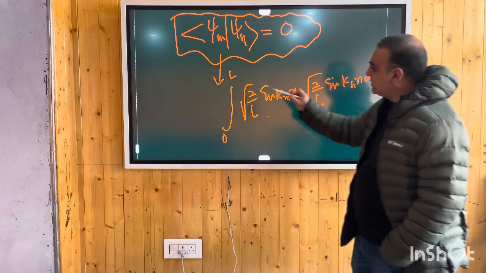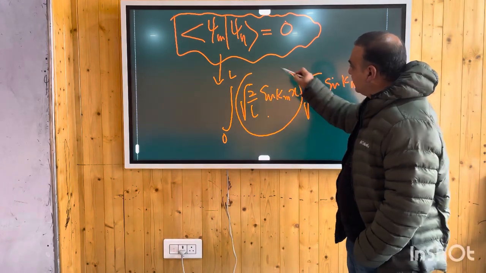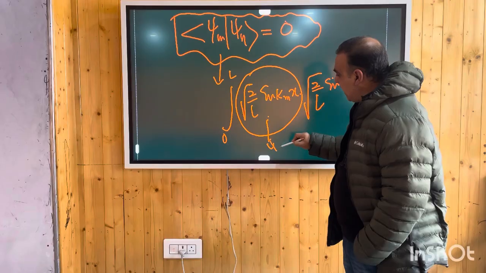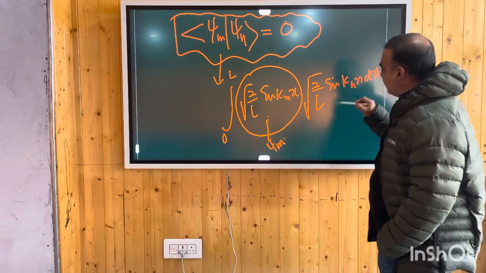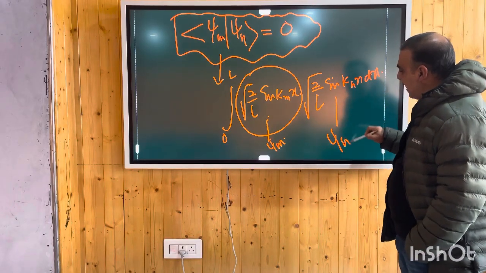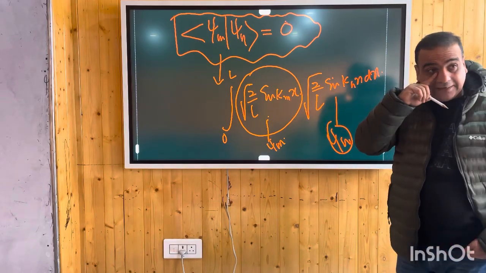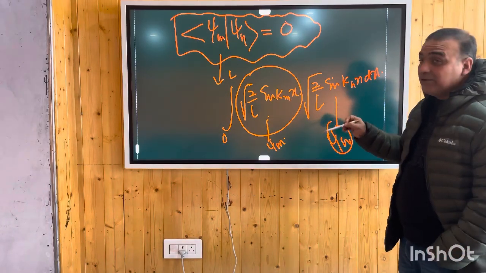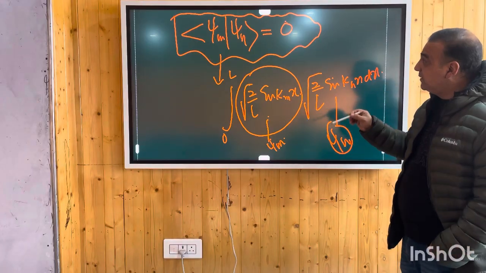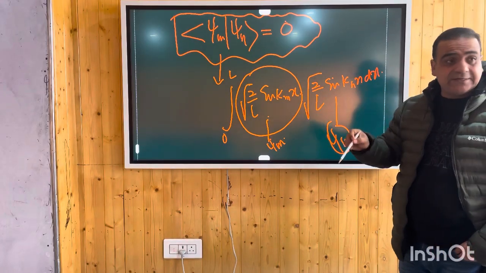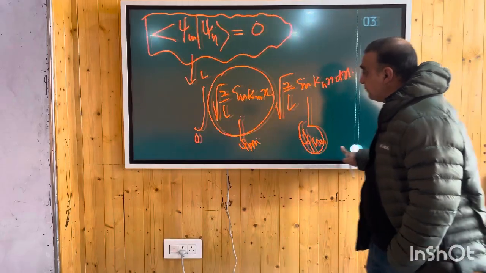So this is your psi m, and this is your psi n. This is what we would like to calculate, the orthogonality condition between the two state vectors in the given problem.